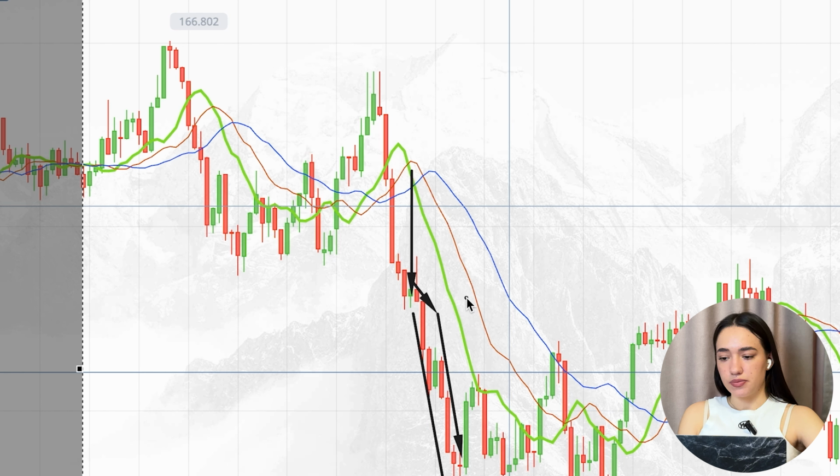But when we are opening a put trade, there are two things we look for on the other side.